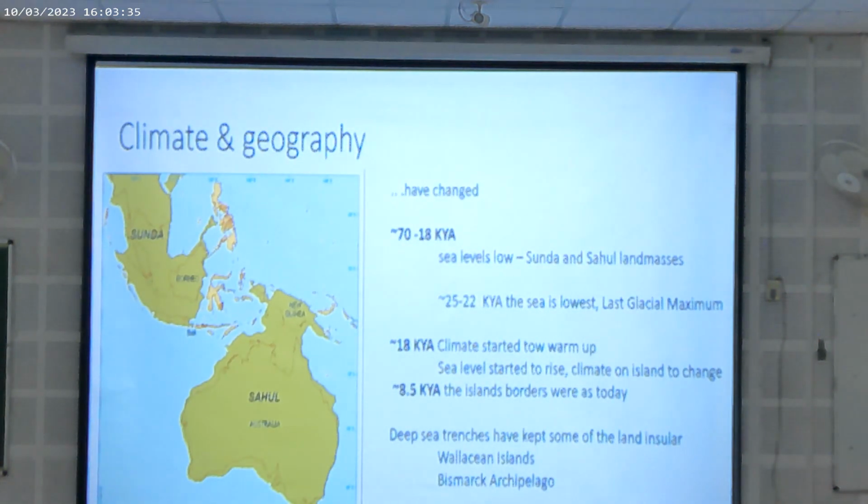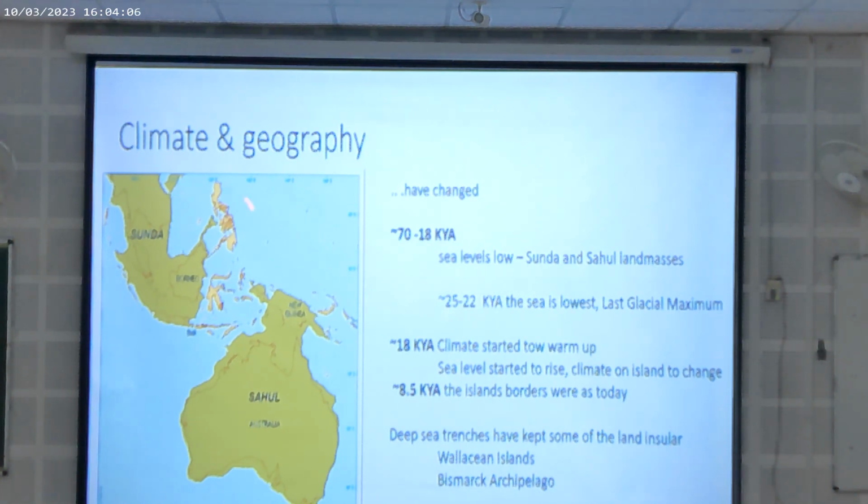Also, this region is very interesting because the climate and geography have changed. The physical geography has changed there a lot. During the glacial periods, when water was stored in ice, the sea level in this region was much lower than it is today, and therefore these continents of Sunda and Sahul formed.